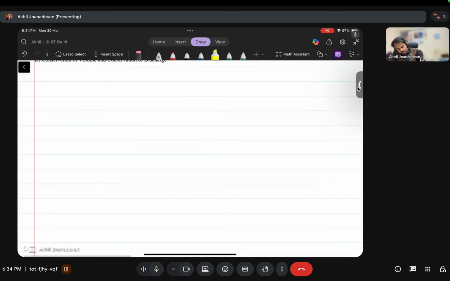So we are going to discuss the second type of routing, that is hydraulic routing. Here we'll be making use of two equations you already know, the continuity equation and the momentum equation.